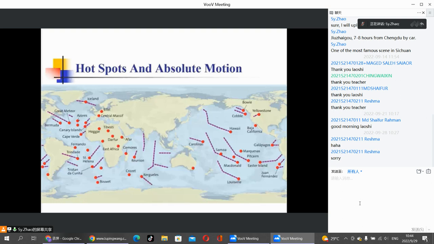At the present time, approximately 50 hotspots have been identified in both continents and oceans. You can see the figure, and although most of them are located in the interior of plates, some hotspots are either coincident with mid-ocean ridges, like here, or in some close place.